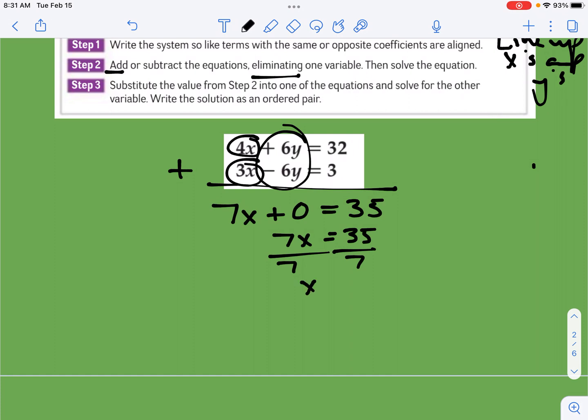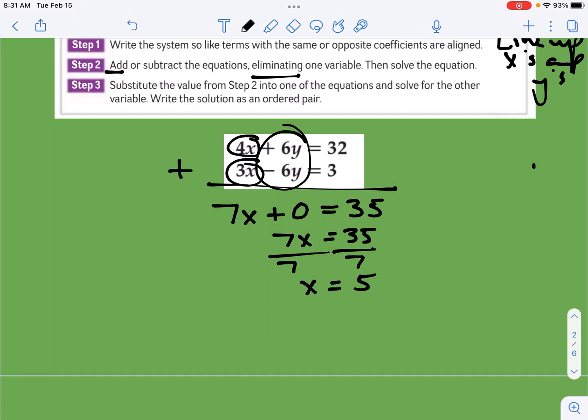At this point, it becomes kind of clear what you need to do. If I had to use substitution on this, like get x by itself on this top equation and then divide everything by 4, that would be really, really messy. This is super direct and works out really well in this case.